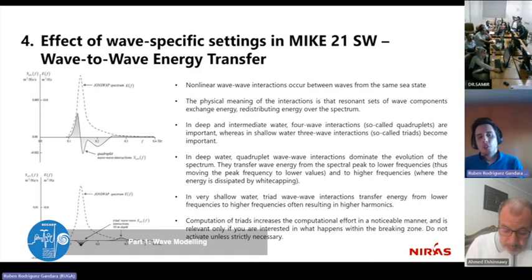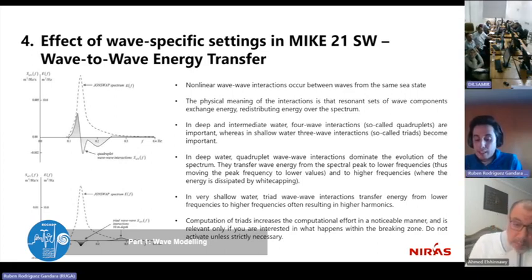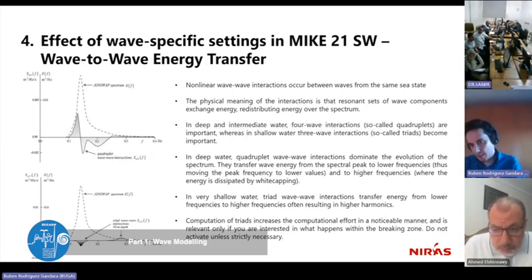I'm not going to bore you with the details or the mathematics behind this, but basically what this is telling us is that when you are in deep water, or when your model covers up to the offshore region, in that area there is a very important physical effect, which is that the smaller waves transfer their energy to the longer period waves.